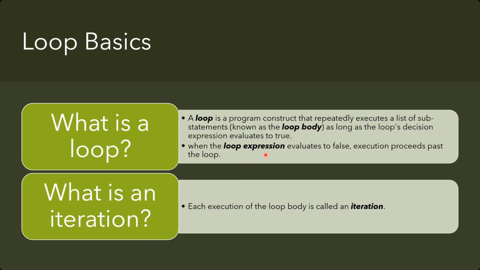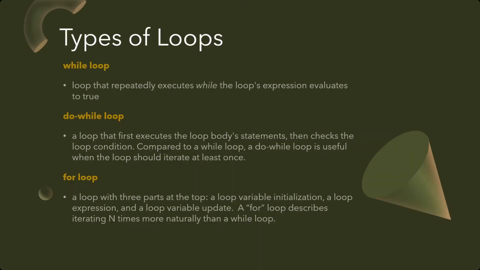When the loop expression evaluates to false, the execution proceeds past the loop. So it's going to keep executing until the loop expression goes from true to false. And each time it does that, that's called an iteration. So some vocabulary. Vocabulary are nice, easy questions to get on an exam.